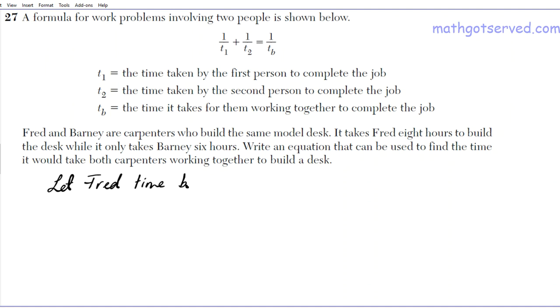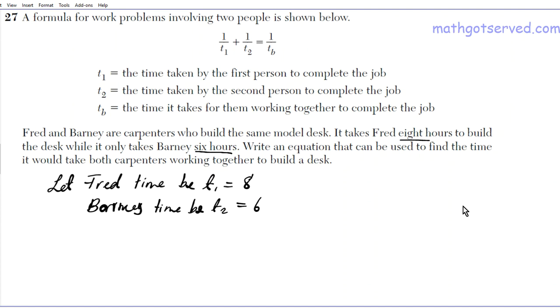When working alone, it takes Fred 8 hours. And then we're going to let Barney's time be T2, which is how long it takes Barney when working alone. If Barney's working alone, it takes him 6 hours.